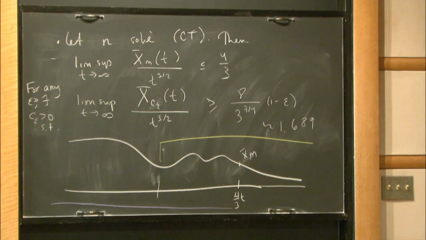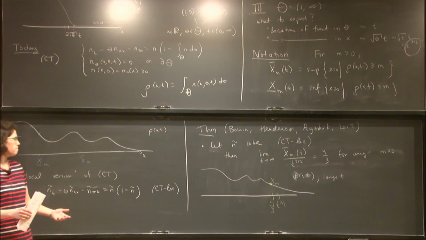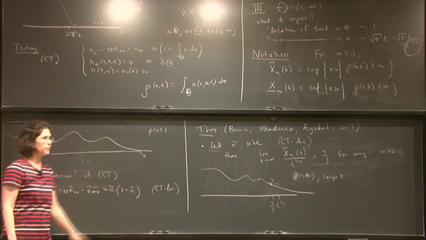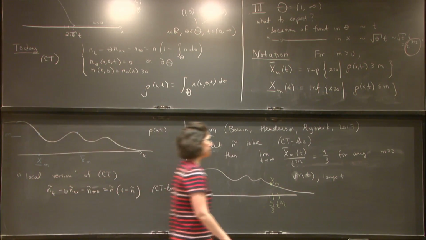And by the way, let me also mention what is special about this 4/3 is that it's also the propagation speed, in some sense, of the linearized problem. So somehow the local problem propagates the same as the linearized problem, and they conjecture that the non-local one does as well.